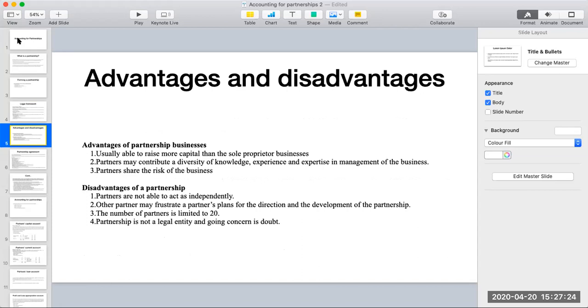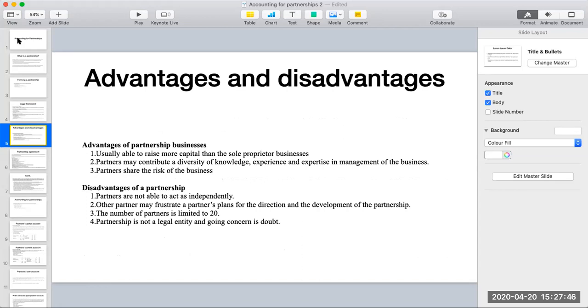Before we move into the accounting side, we'll see what the advantages and disadvantages of having a partnership business are. Now we know that for a partnership business, there have to be partners between 2 and 20.